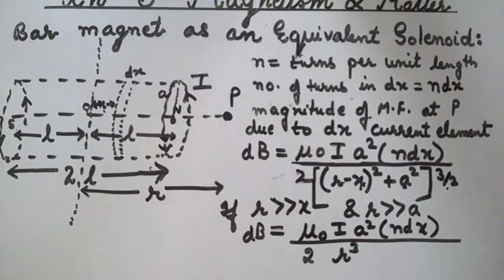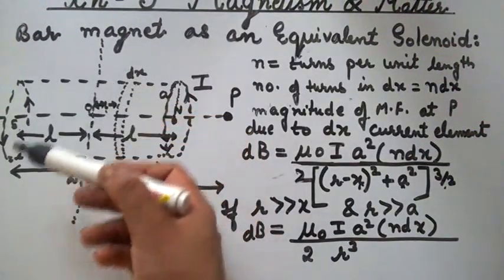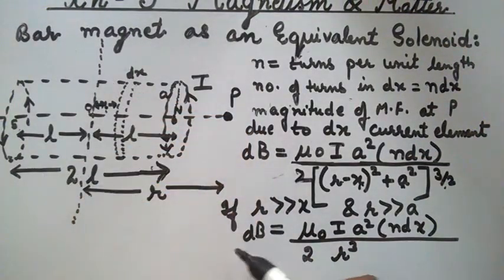Now the complete magnetic field we can get by integrating this value.